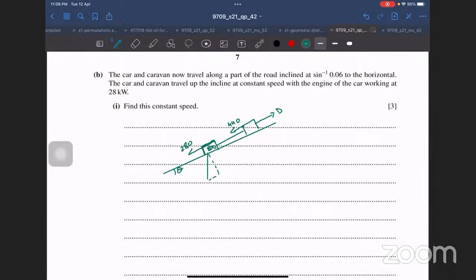So 800, so I get 800 sine theta, and sine theta is basically 0.06. Not 800, but 8,000. 12,500 sine theta.